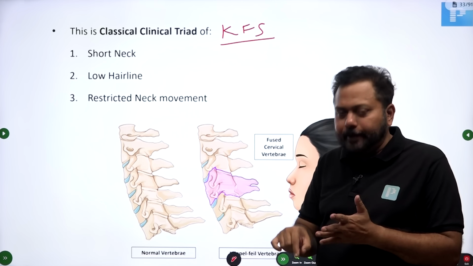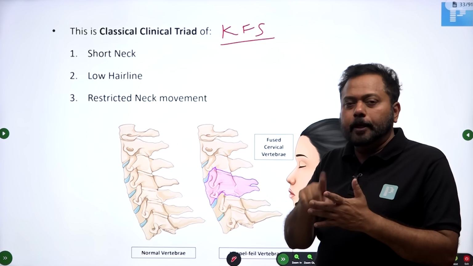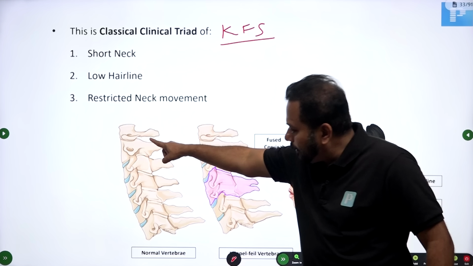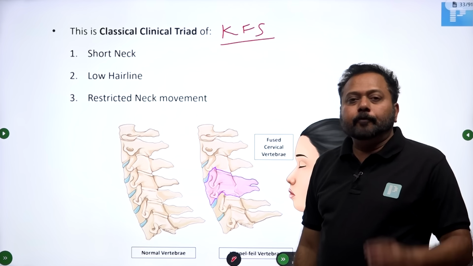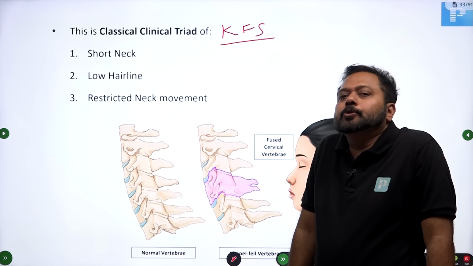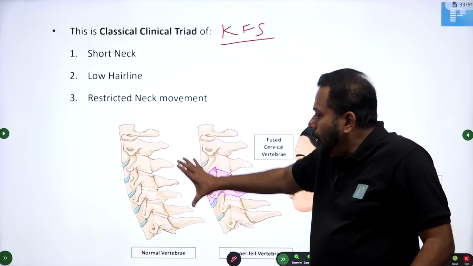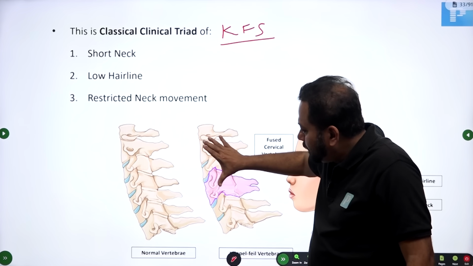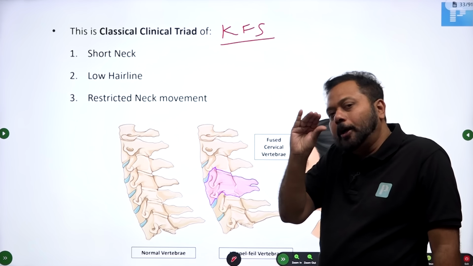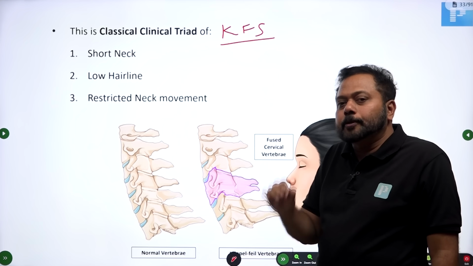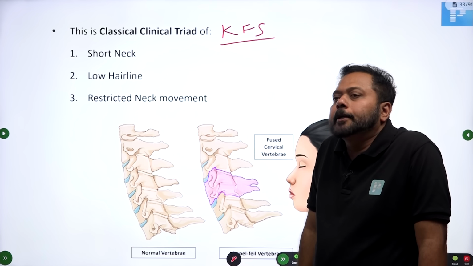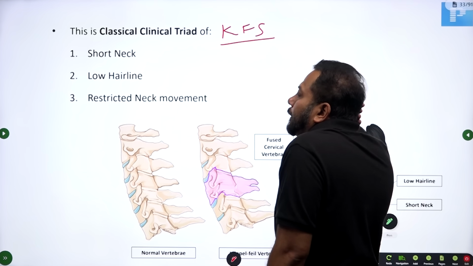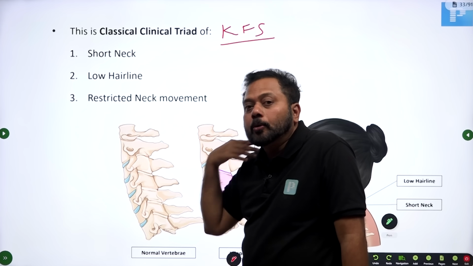We have 7 cervical vertebrae, C1, 2, 3, 4, 5, 6, 7, all separate. If 2 or 3 vertebrae congenitally get fused together, what will happen? When the cervical vertebrae are fused together, the neck length becomes shortened. So with congenital fusion of cervical vertebrae, the patient will have a short neck. Because of the short neck, they will have a low hairline.